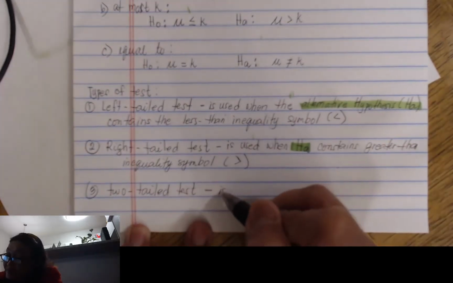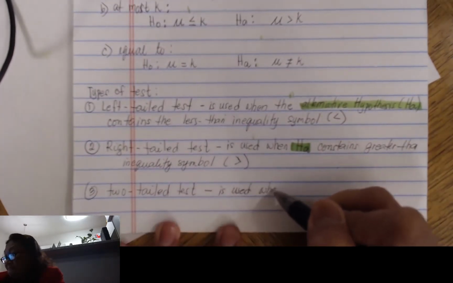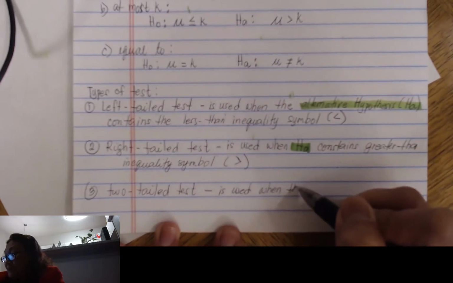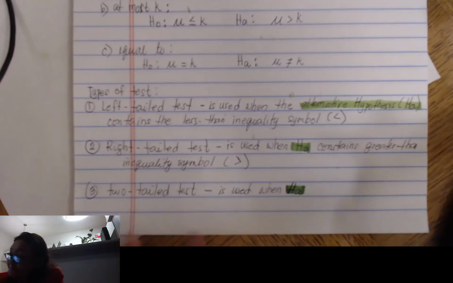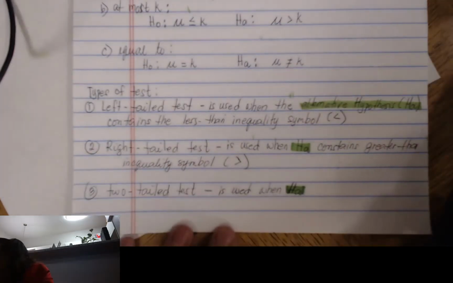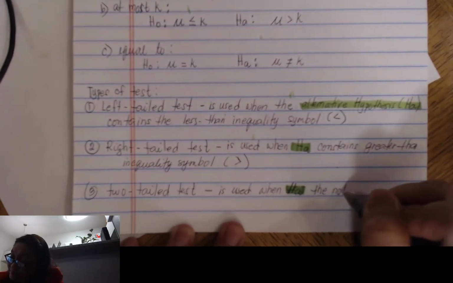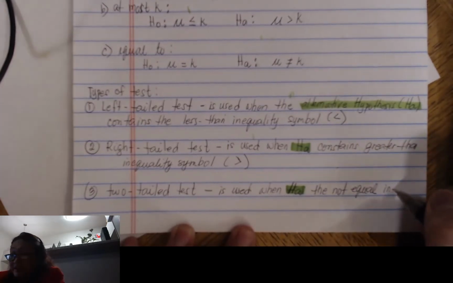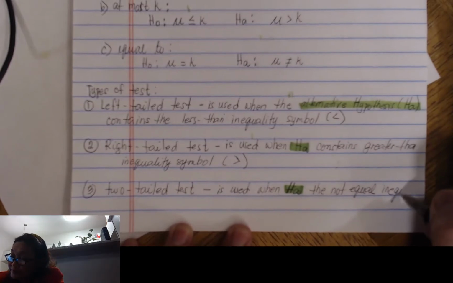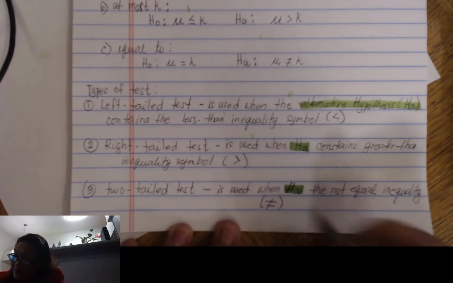This is used when the alternative hypothesis H sub A contains the not equal inequality, which is, of course, this symbol right there.